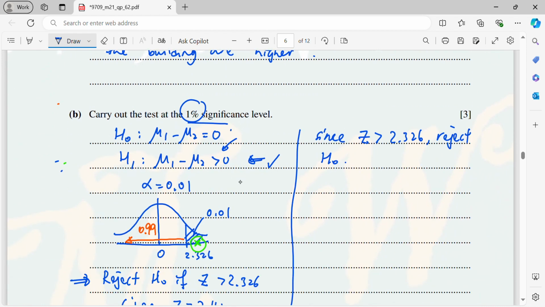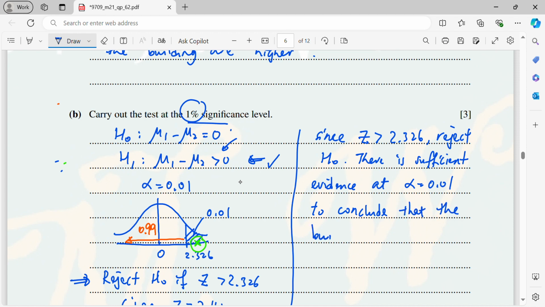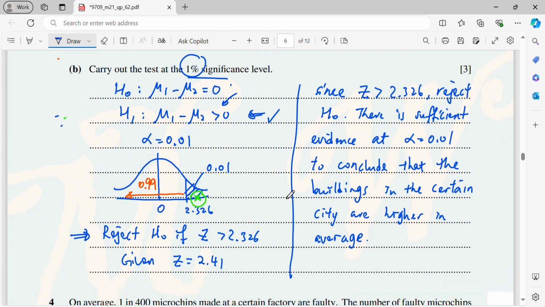So here I will just write, there is sufficient evidence at alpha equals 0.01 to conclude that the buildings in the certain city are higher on average. Okay, so that is the conclusion of this hypothesis testing.